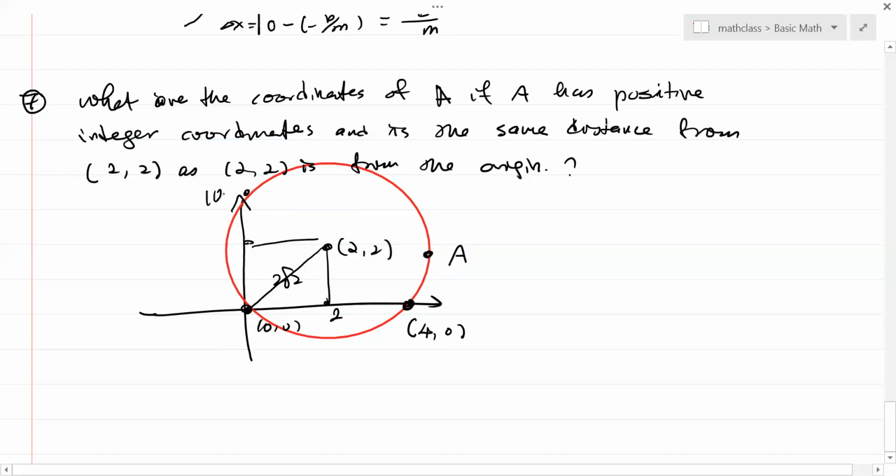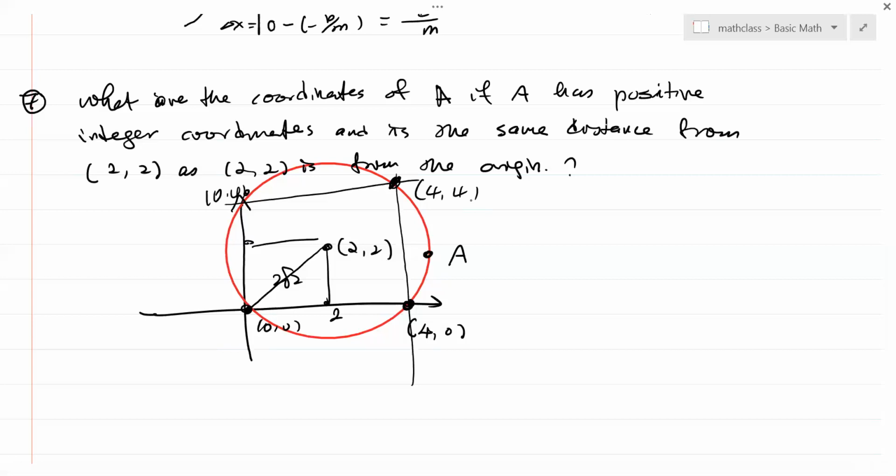And this is going to be 0 and 4. Those points also meet the distance requirement, but one of the coordinates is 0, not positive. So in order to get positive integers, you only have this point, which has coordinates 4 and 4.